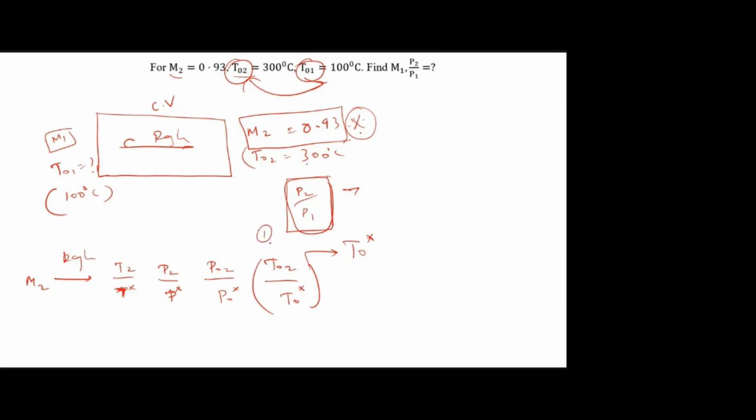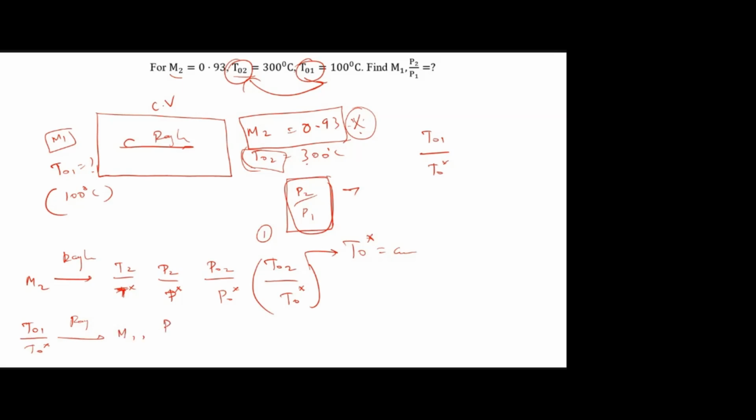So first step, from this ratio, I know T naught 2 value. Substitute, and you can find T naught star, and T naught star is constant everywhere. So I know T naught 1, I know T naught star. Again, I can go to the same Rayleigh table.